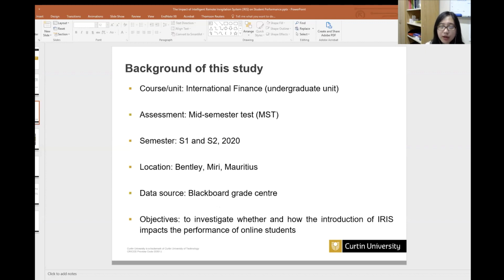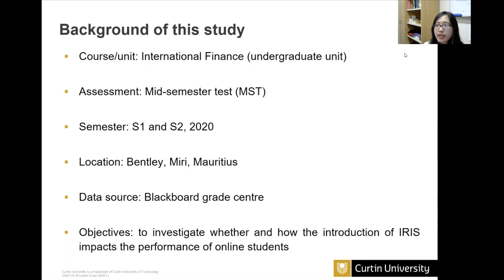So, some background about this study. This study employs the unit of international finance offered by the School of Economics, Finance and Property at Curtin University as an experiment, or as a laboratory. We focused on the mid-semester test during the two most recent semesters, semester 1 and semester 2 of 2020.